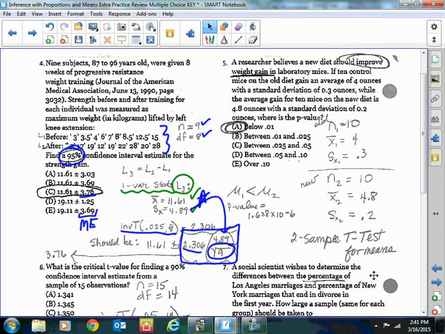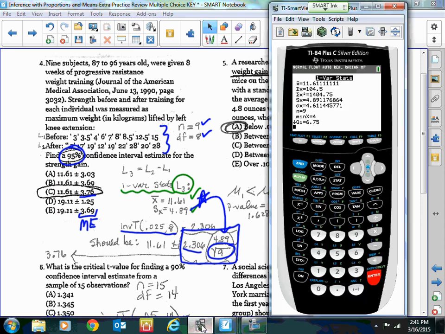Now there is another way you could do this, and that would be if you went through here and calculated the interval. So I went stat tests number 8, and I want to do the t interval of list 3. And if I do that, I get this interval from 7.85 to 15.371.